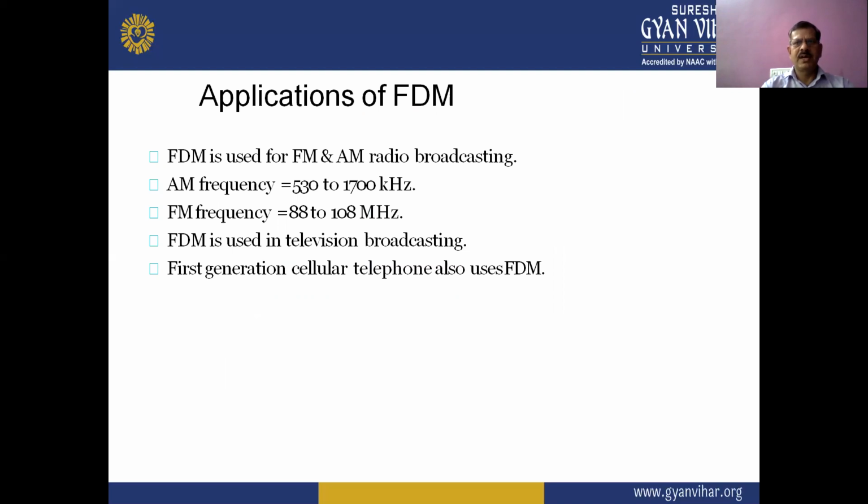Applications of FDM. First, FDM is used for frequency modulation and amplitude modulation radio broadcasting. The AM frequency range is 530 to 1700 kilohertz, and the range of frequency in frequency modulation is 88 to 108 megahertz.